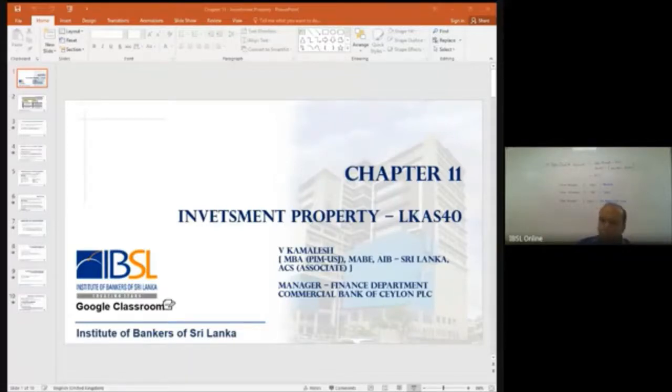Now these condominium properties, what is their objective? They put up the building, there will be condominium units, they will sell each and every unit to the public. Now that is their business. They are not going to use it in the production or supply of goods or services, or for administrative purposes. Their business is construction of condominium units and selling them to the public.